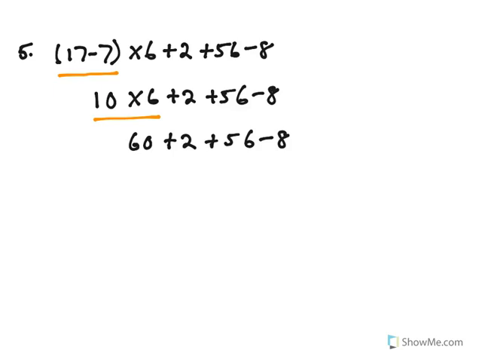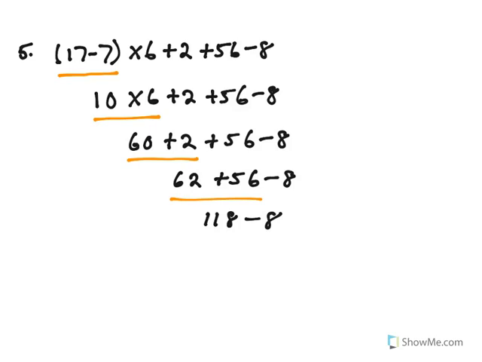The next thing you would do is 60 plus 2, which is going to be 62. And then you continue clearing it from left to right. 62 plus 56 needs to be done. Since that's first, that's 118. And then now go ahead and do 118 minus 8. And that's just going to simply leave you with 110. That's your final answer. Okay?